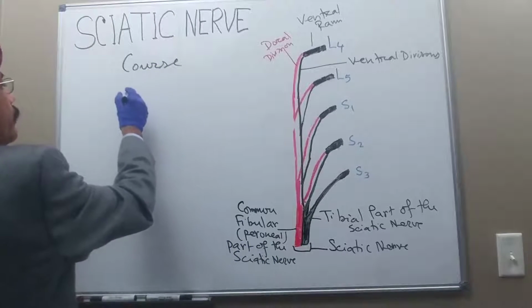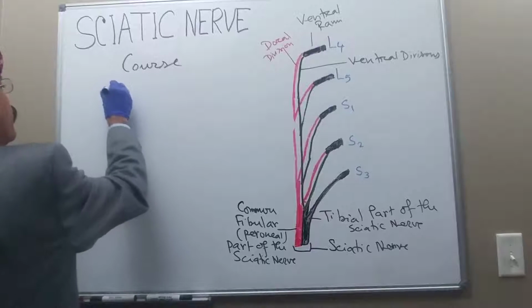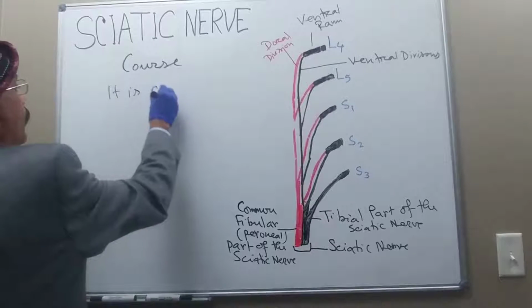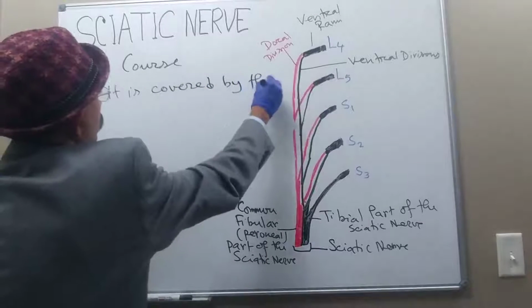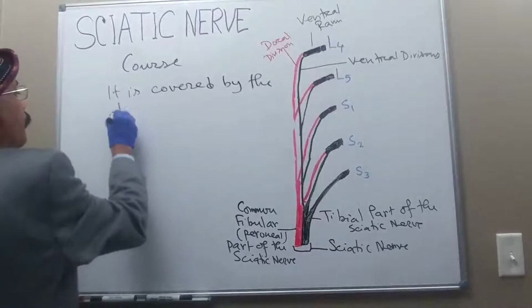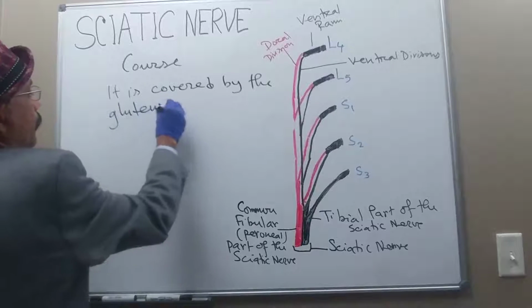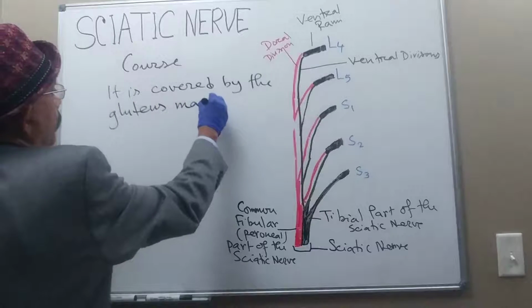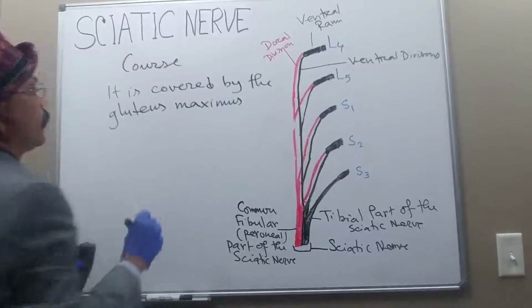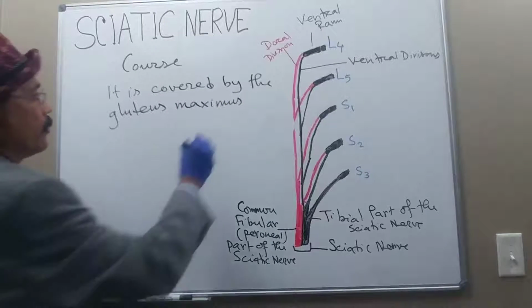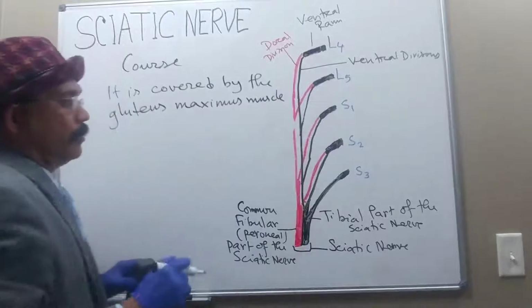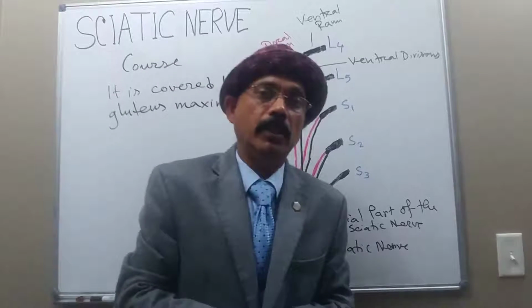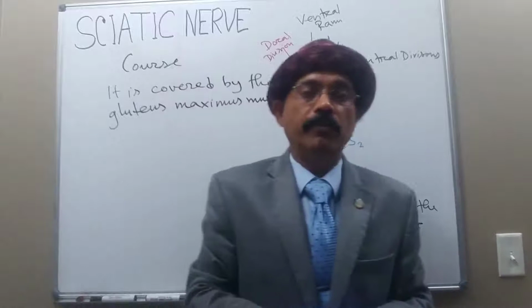It is covered by the gluteus maximus muscle. And we have some relationships of the sciatic nerve below the piriformis.